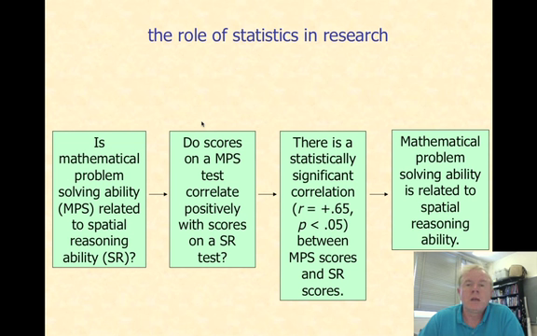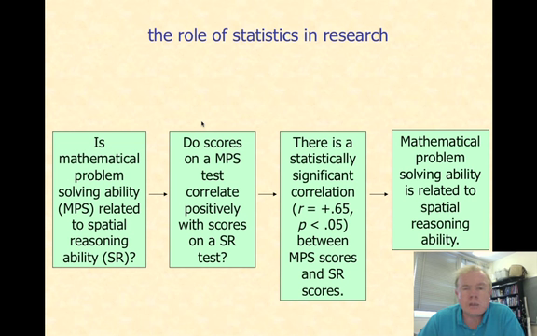So then we can look at our statistical conclusion. That's our statistical test or question. Do those scores correlate positively? And if they do, do they do so significantly? Then our statistical question, box 3, is there a statistically significant correlation?